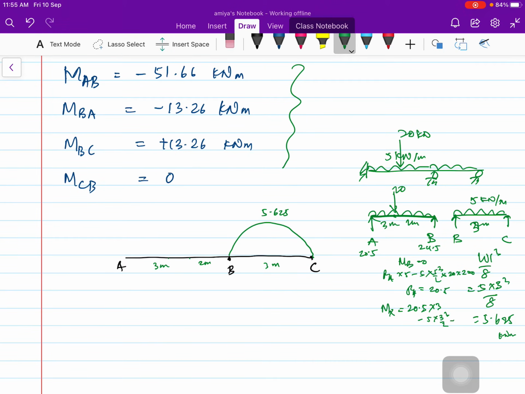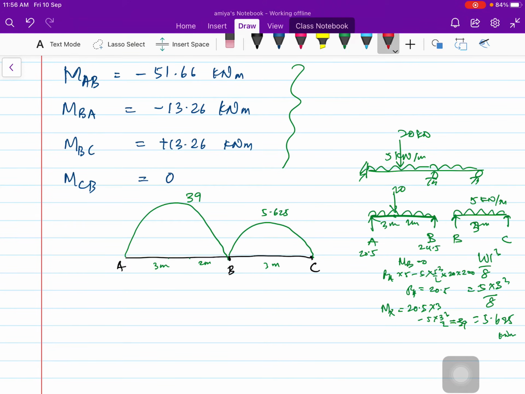So this gives me the moment as 39. Let me do the bending moment diagram here. So here it is 39. This is the simply supported bending moment diagram for both the spans.